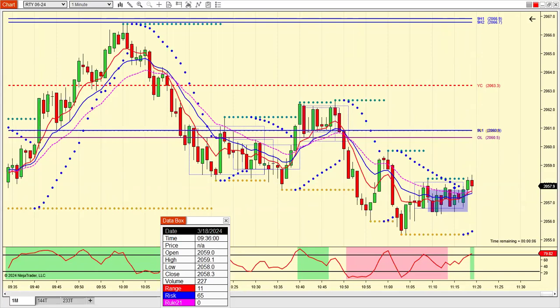If it goes back in, it's a breakout fake out. I'll speed it up a little bit. Kind of going sideways again. Oh, finally. I'll speed it up a little more.